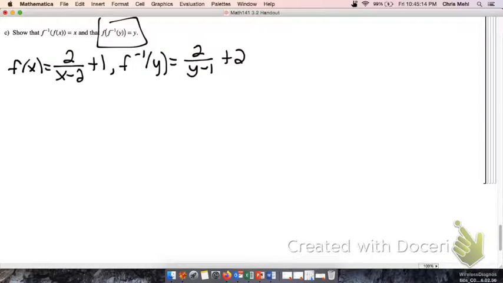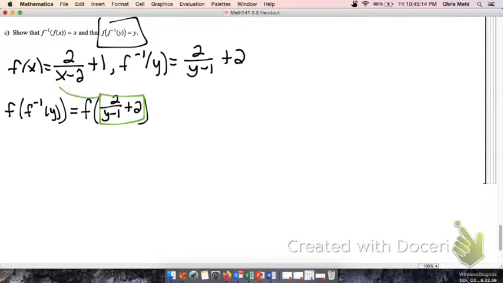This time I'm going to do f of f inverse of y. So I'm going to replace the inside with the inverse function. You take this inverse function and plug it in for x.